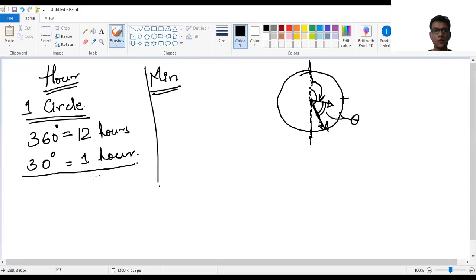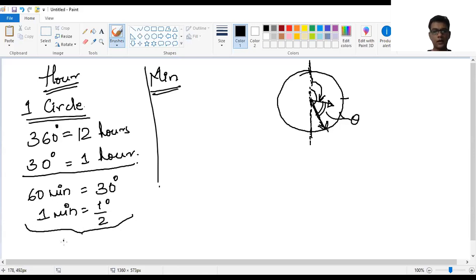1 hour consists of 60 minutes. So in 60 minutes, the hour hand makes 30 degrees, which means every minute the hour hand makes half a degree. This is where we have to understand one thing: an hour hand's journey is completely dependent on the minute hand.